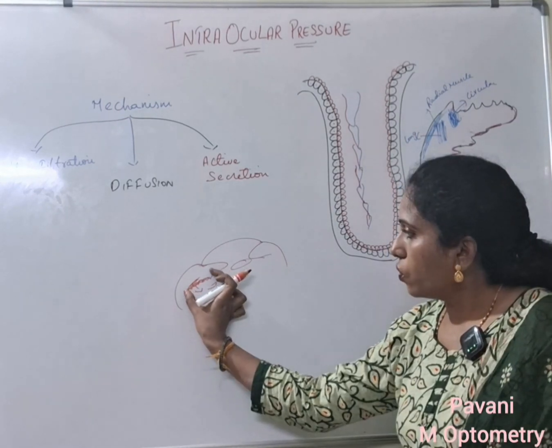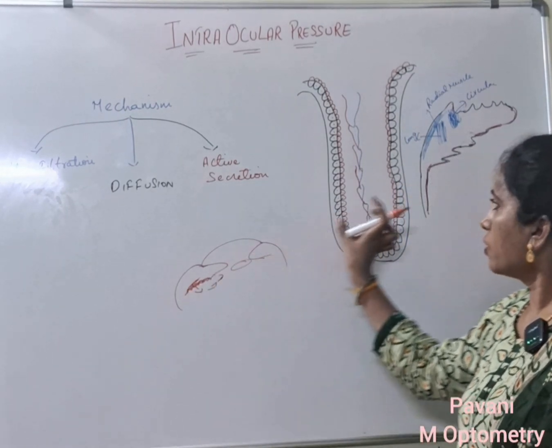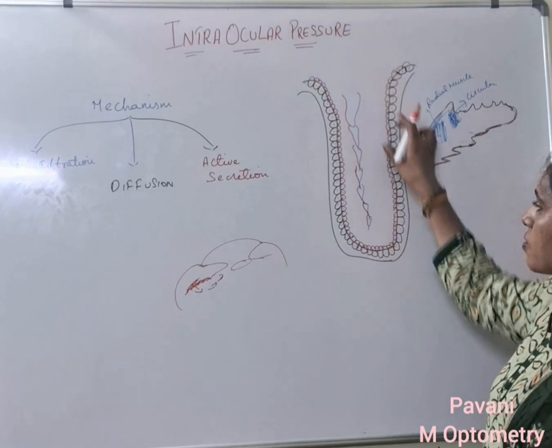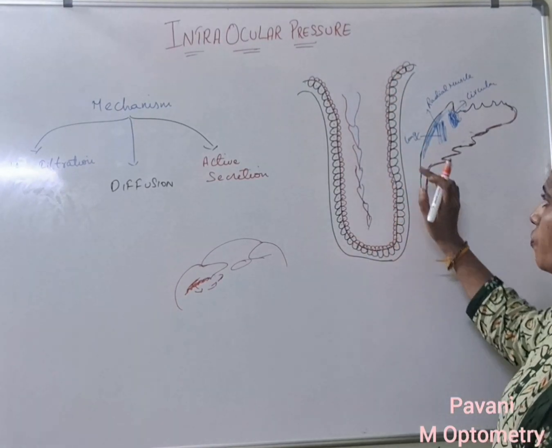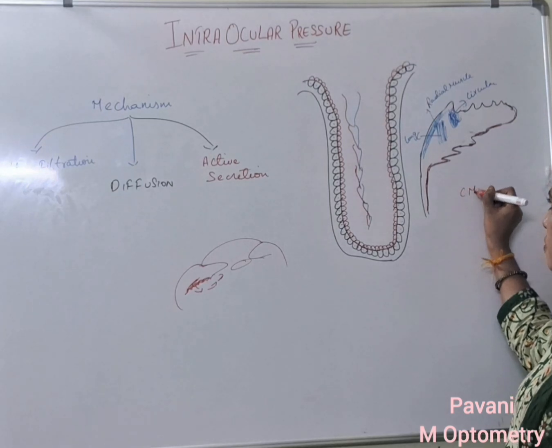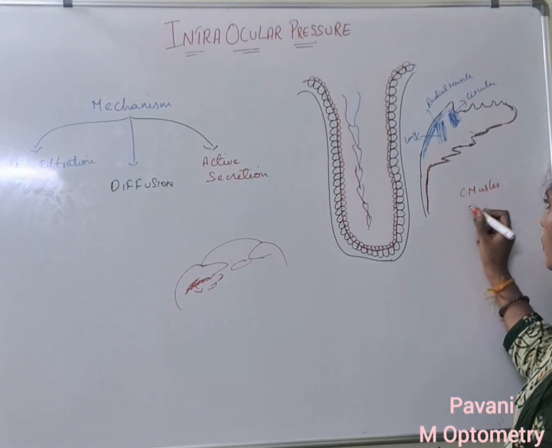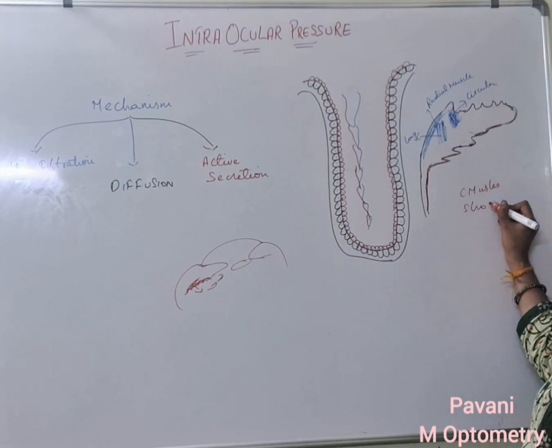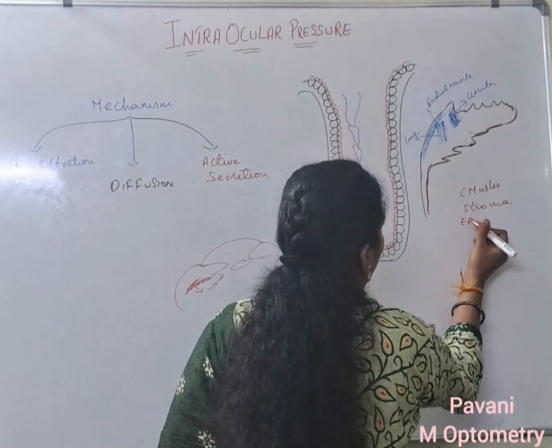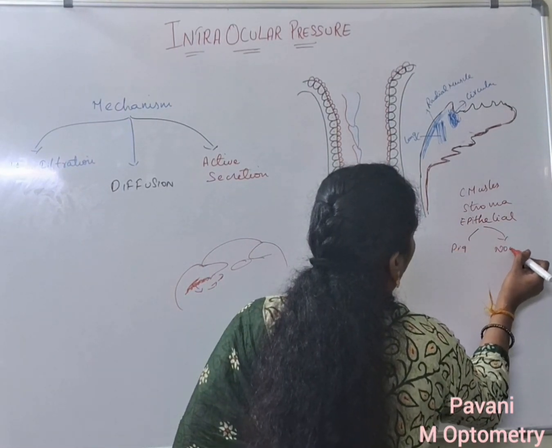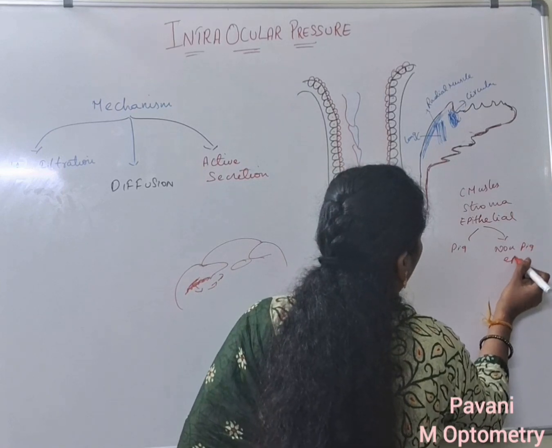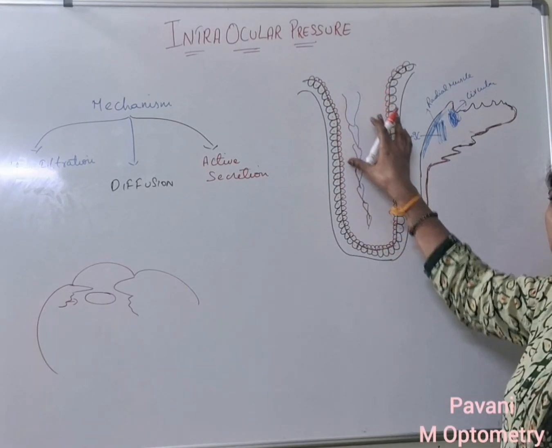If you take only the diagram of the ciliary body, this is how it looks. The ciliary body mainly consists of ciliary muscles, ciliary stroma, and epithelial cells, which include the pigmented epithelium as well as the non-pigmented epithelial cells. In the stroma you will have the capillaries.